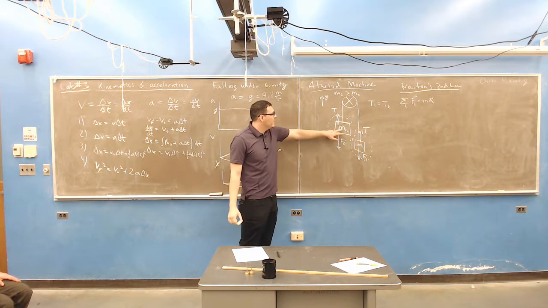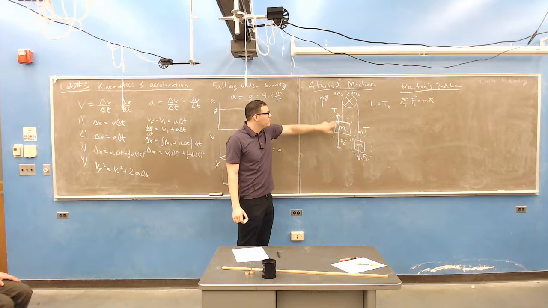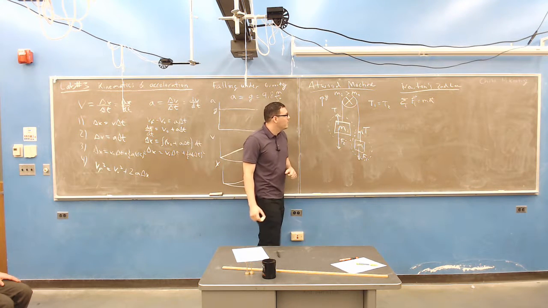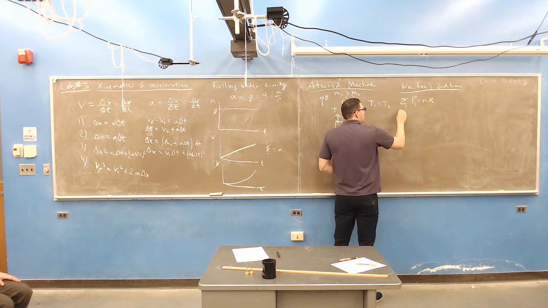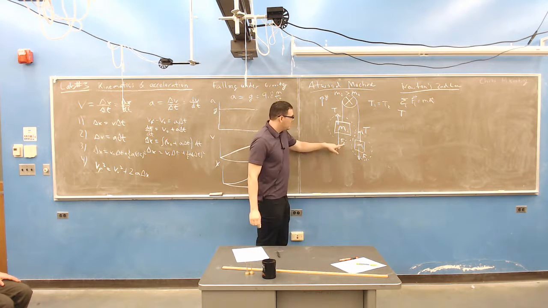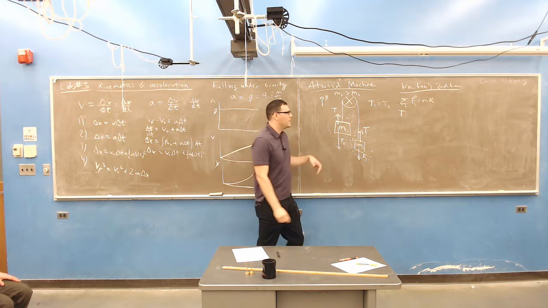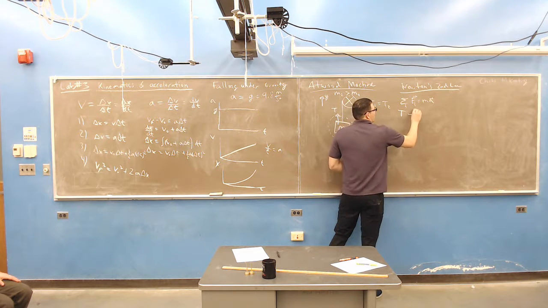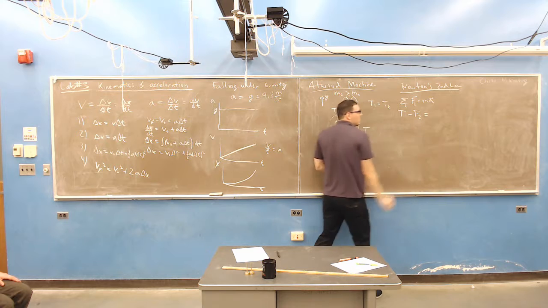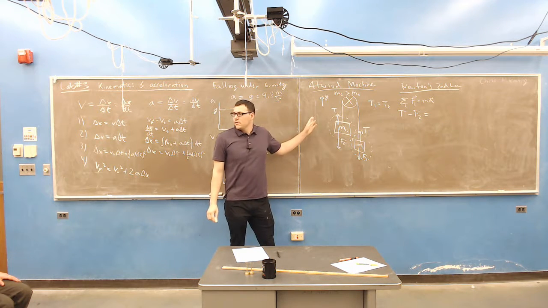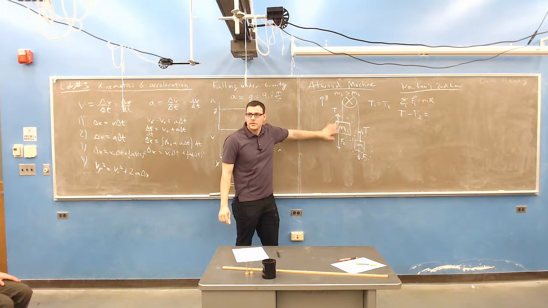All right, so for mass 2, what are the two forces that we're adding up? Well, it's tension and the force of gravity. So T, and since the force of gravity is in the opposite direction, I'm going to take care of its vectorness by putting a minus sign. Does everybody see that? These are in opposite directions.